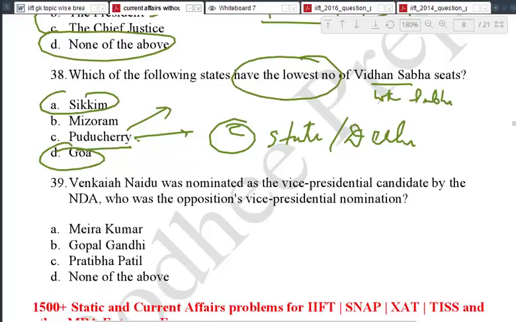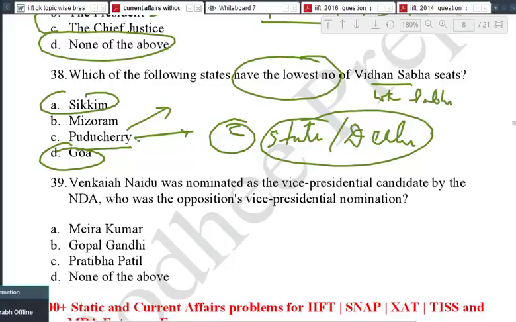Pondicherry and Delhi, they have some of the features of the state as well, and that's why we say Delhi Assembly elections. The state has its own assembly. It has a governor, lieutenant governor, while the union territory does not have its assembly. It is controlled by the center. Pondicherry and Delhi are the two states that have certain features of state as well.